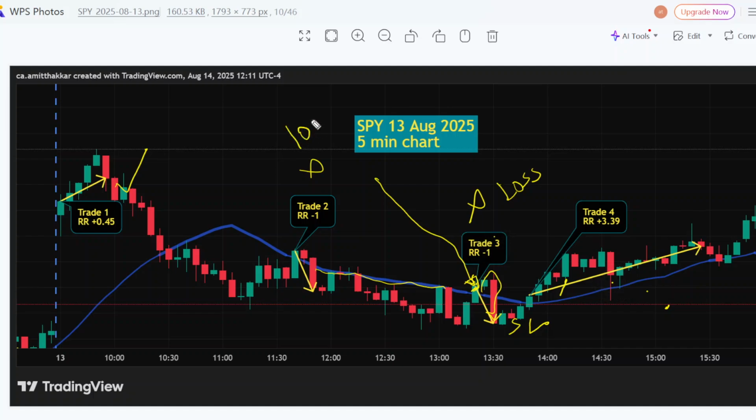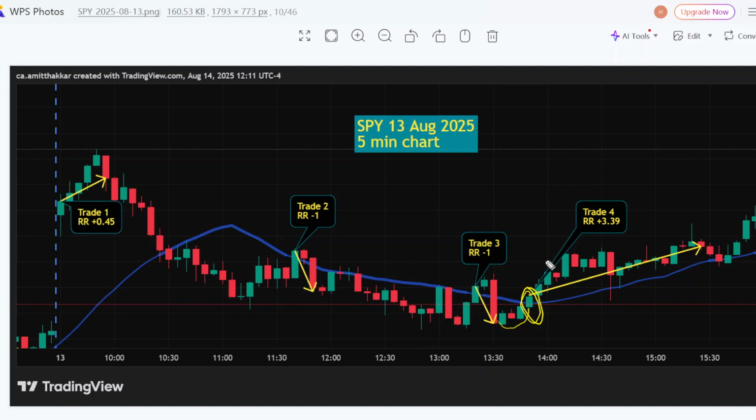The second is also a loss, so net we were negative on our risk reward ratio until such point. However, the market again tried to come out of the no trade zone, and we got a bullish close above the 20 period moving average.